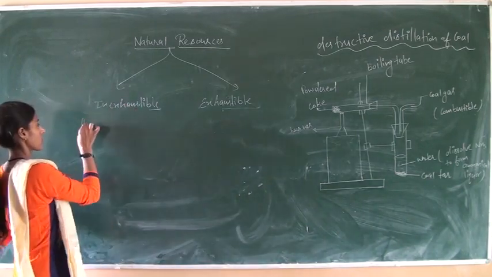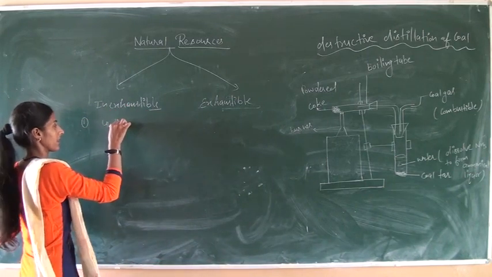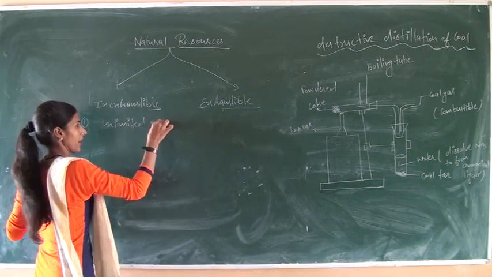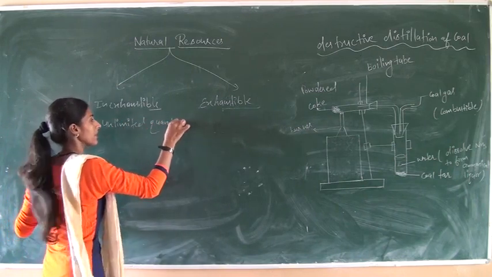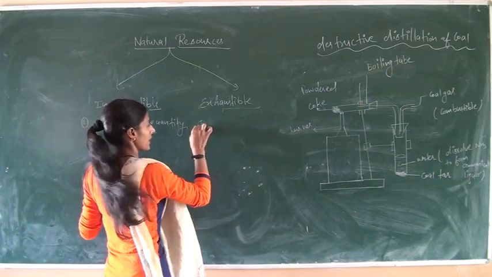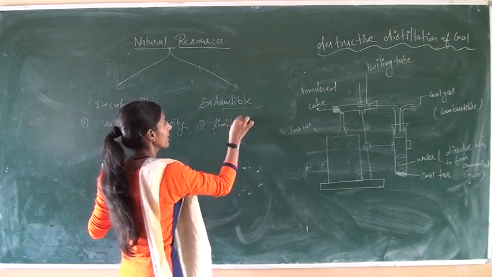Inexhaustible natural resources are those resources which are found in unlimited quantity. Exhaustible natural resources are those which are found in limited quantity.